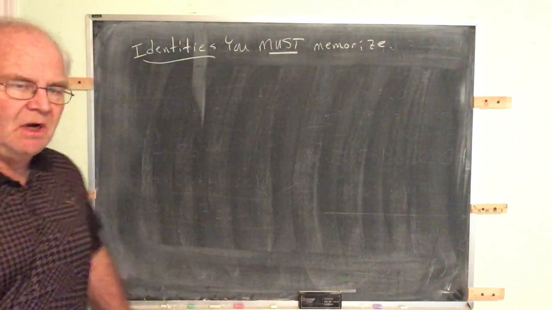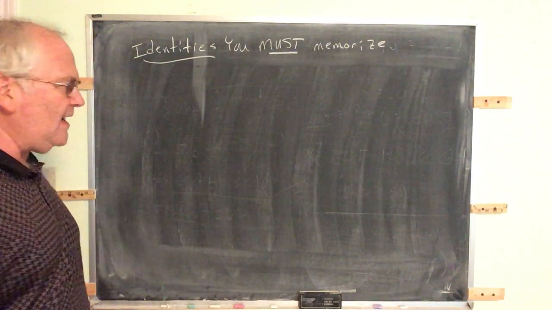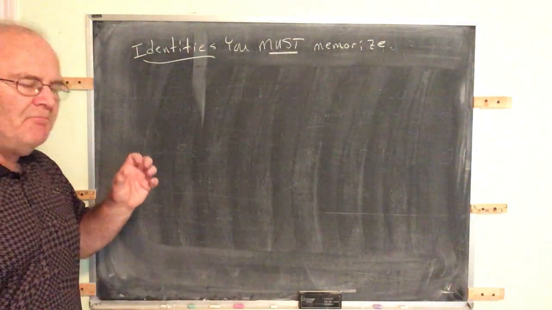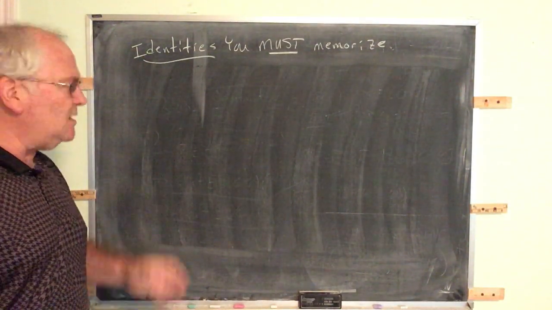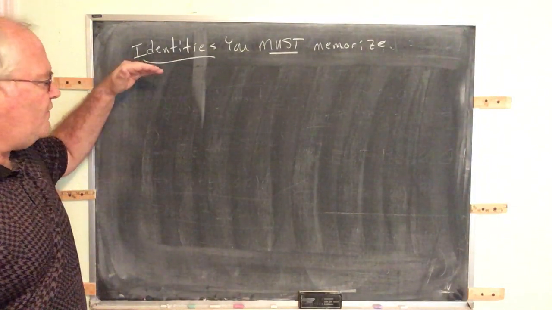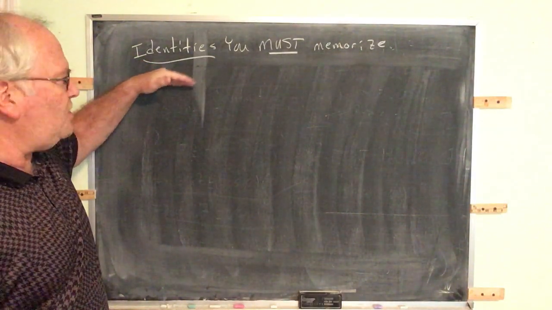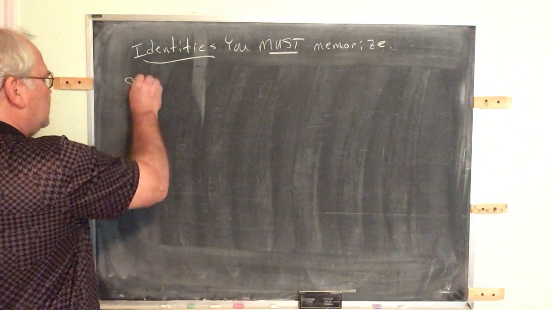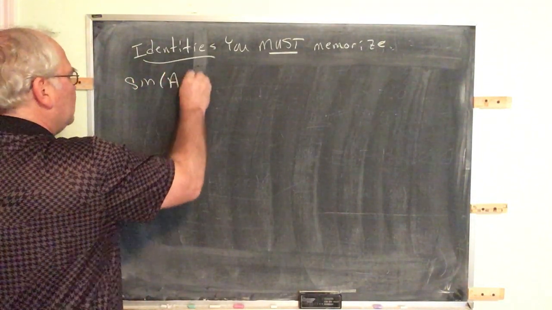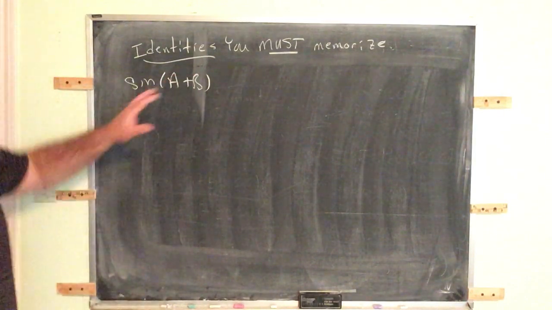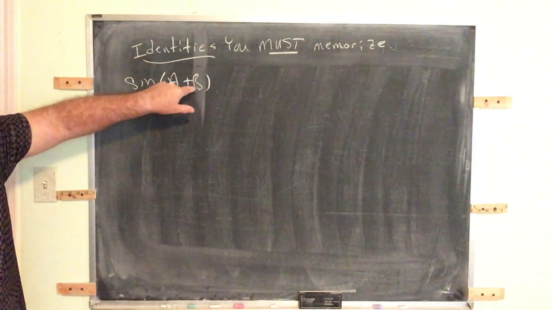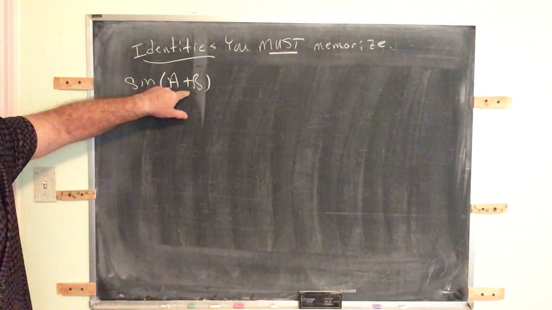So I'm going to start with what are called the sum and difference identities. The specific grouping of these is not relevant, but what you need to be able to do is memorize these, so that if I write down the left-hand side, you can supply the right-hand side. The first of which is sine of A plus B. If you have two angles, they can be measured in radians or degrees, but they have to be measured in the same.